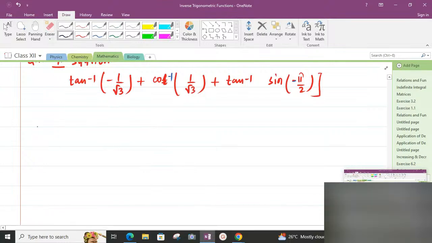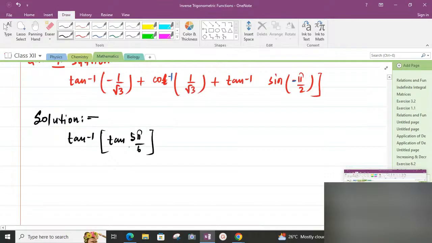Let's see the solution. So we write tan inverse minus 1 by root 3 equal to, here will be 5 pi by 6. There is no problem to understand up to this step.